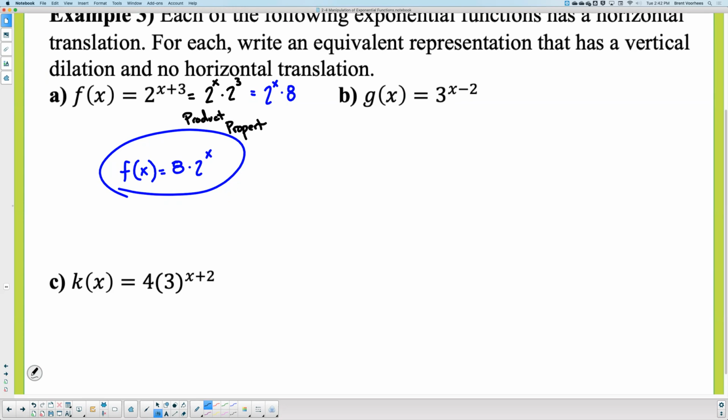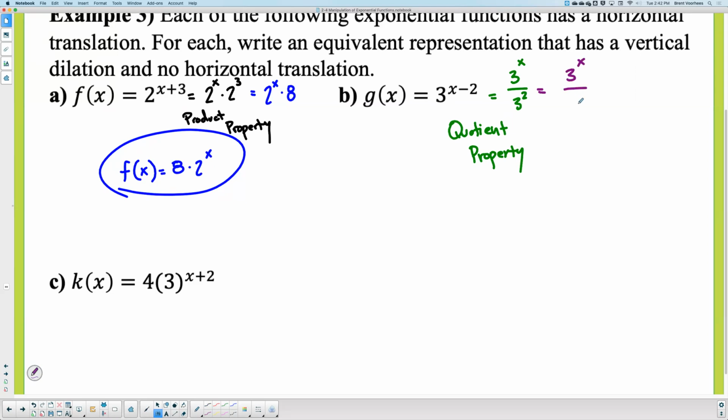All right, what property is going on this time? Quotient. If it's the quotient property, that tells you one base with a power that's subtracting, you can rewrite as 2 bases that are dividing. 3 to the power of x divided by 3 squared. What is 3 squared?